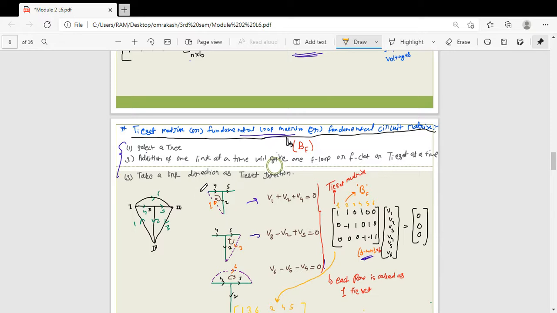Now the second thing is that for every step you have to select one link. And what are the links here? The rest of the elements that remain become your links, right? So the elements are: first is this one, second is this three, third is this six. So these rest elements become links once you consider the tree. Now you have to use the KVL equation according to the direction of this link, write that equation and make the matrix.